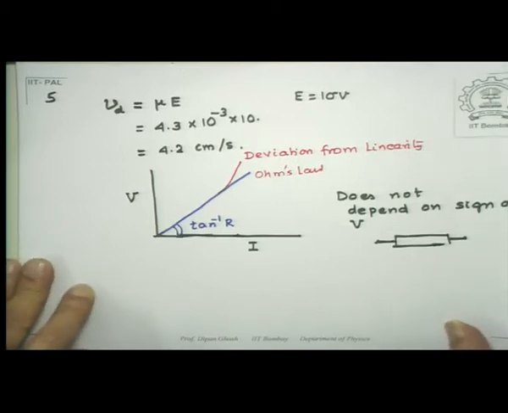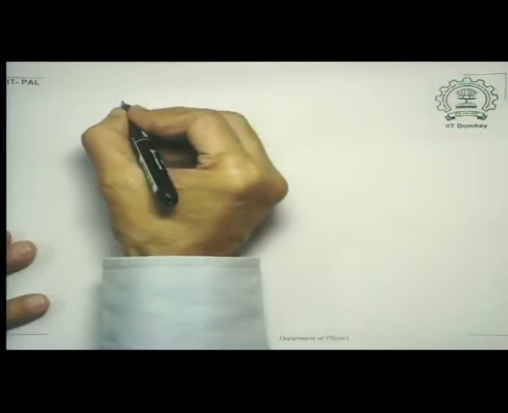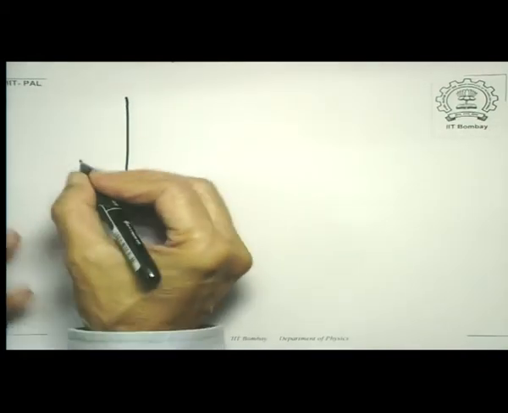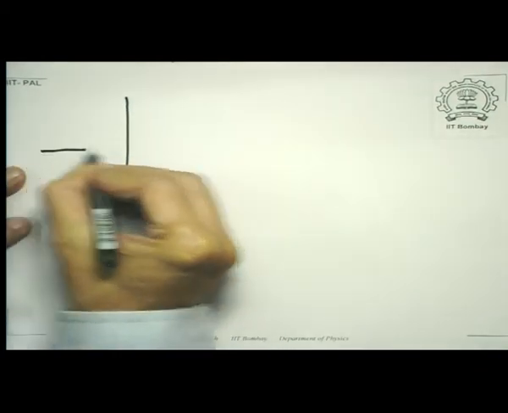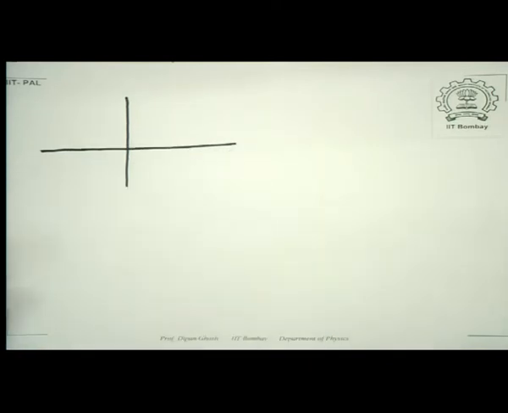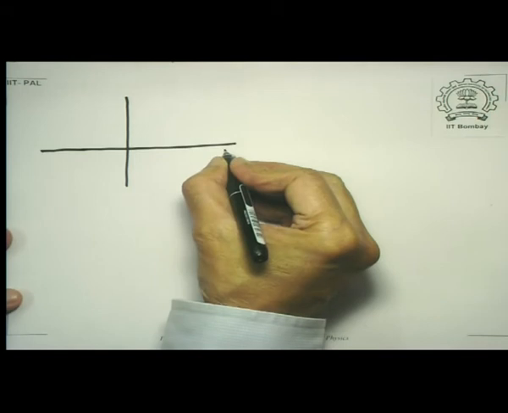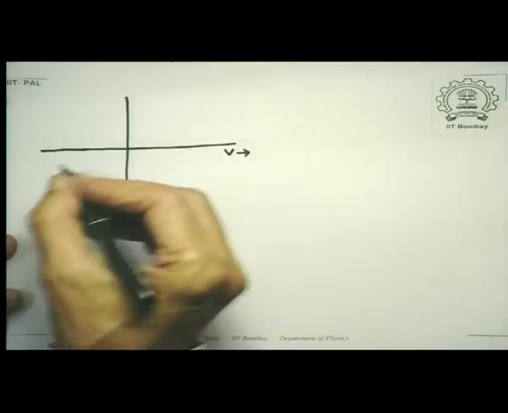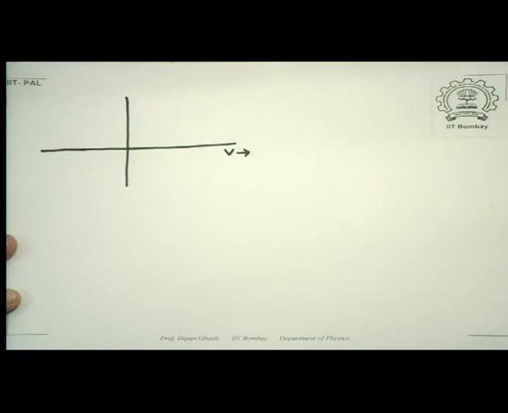But this is not true, particularly when you go to semiconductors. If you look at the current voltage characteristic of a typical diode like a silicon diode, this is completely different from what you see in the case of a metal. For a silicon diode, when you apply a forward voltage, that is positive V, the language used in diodes is that the diode is forward biased.